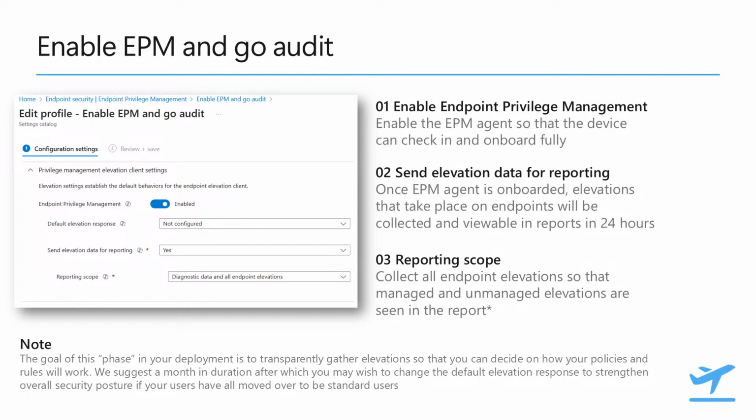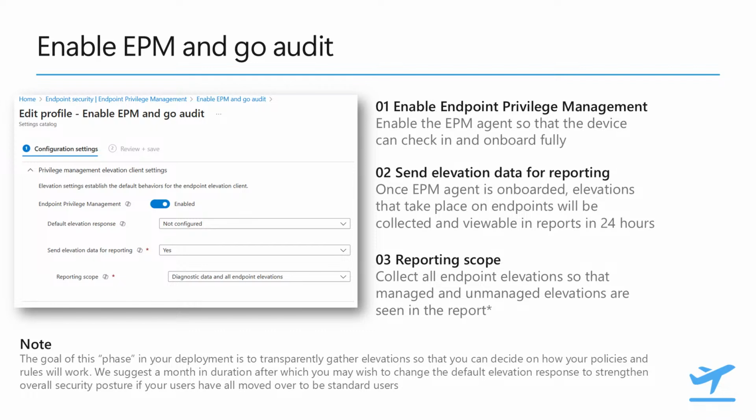That is the first big thing. The next thing is that at this phase we don't really need to create a default elevation response. The important part is that elevation data for reporting is set to yes, and that our scope, where the logs apply, is set to collect every bit of information you can.